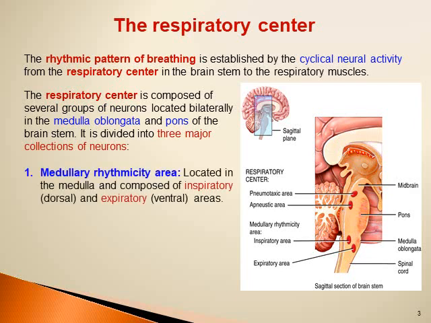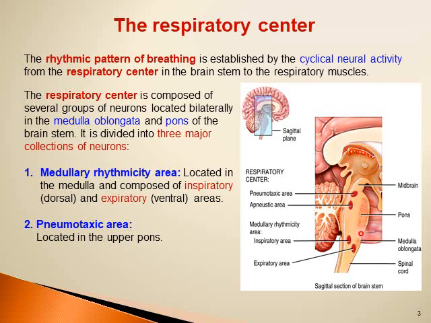The first collection of neurons is the medullary rhythmicity area, this one. So it is located here in the medulla oblongata, composed of upper or dorsal inspiratory area and ventral expiratory area. And then we have another area called the pneumotaxic area. It is located in the upper pons.